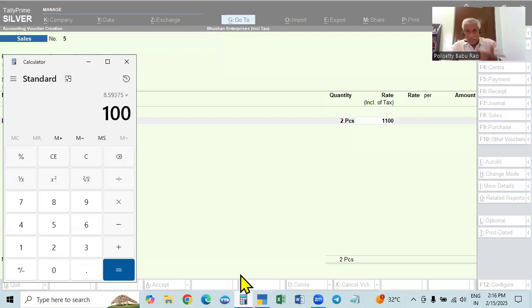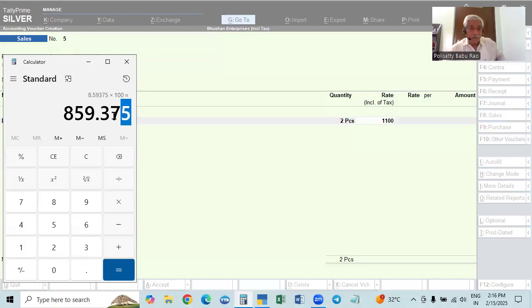So the rate including tax is divided by the original value, that is taxable value plus tax rate, 100 plus 28, divided by 128. And if we divide that, the original taxable value is equal to 100. To take that, see, 859.38.